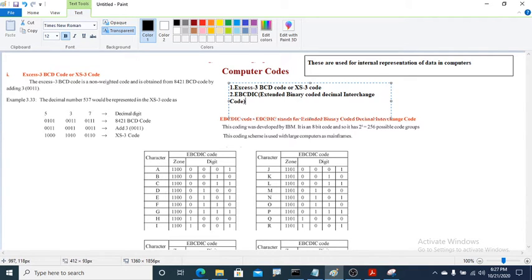So this is about EBCDIC. This is the second computer code.